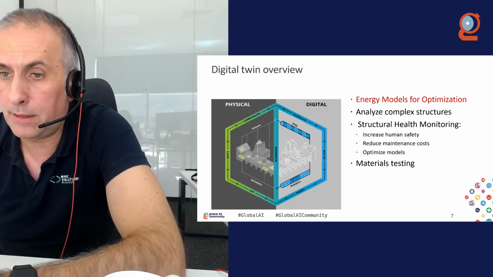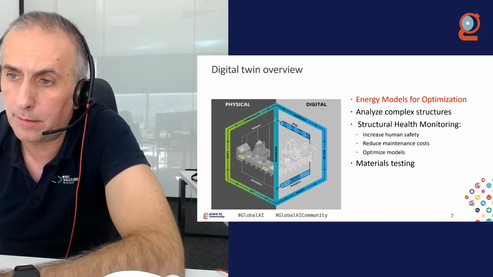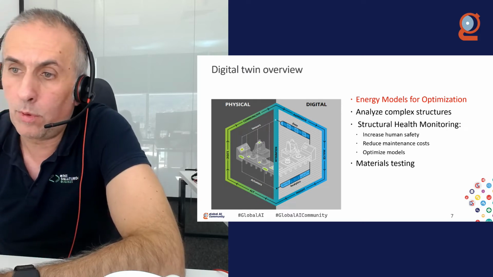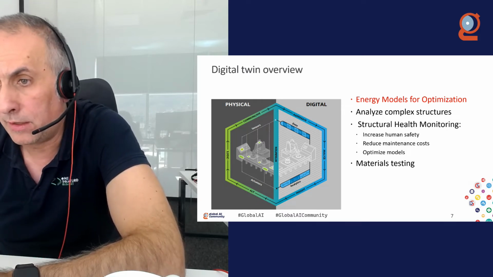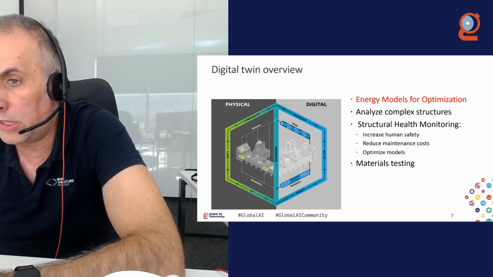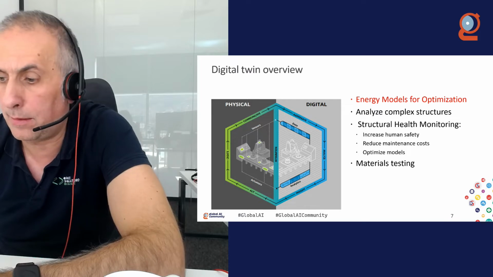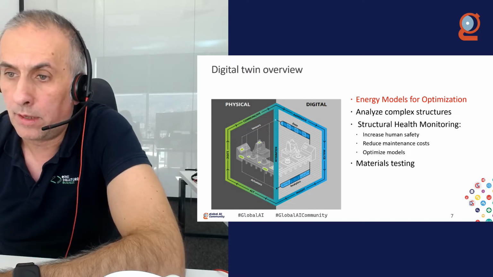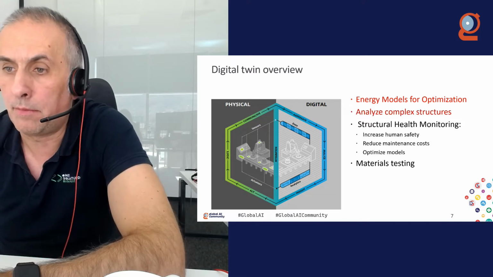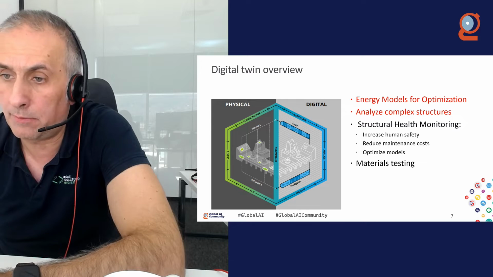This technology is very applicable in many technical domains. I already mentioned Internet of Things, but when we talk about optimization, different models for optimization, especially in the energy area, when we need to make analysis regarding structures in the building industry or in manufacturing, this is something which can help a lot.